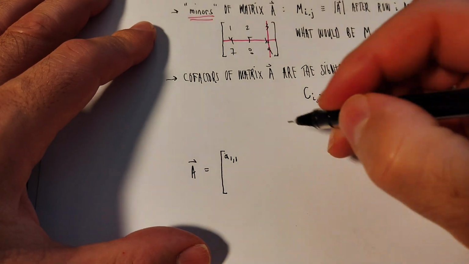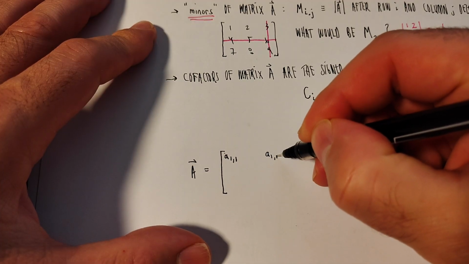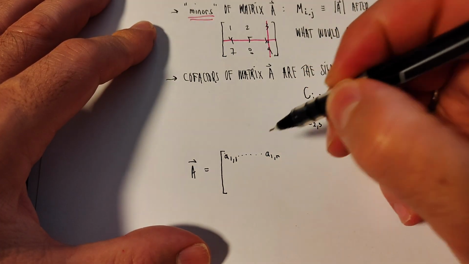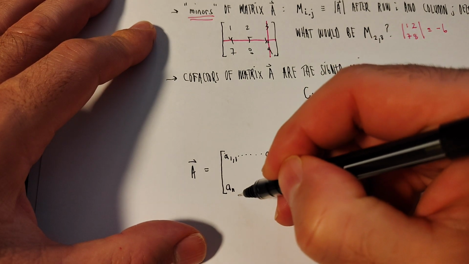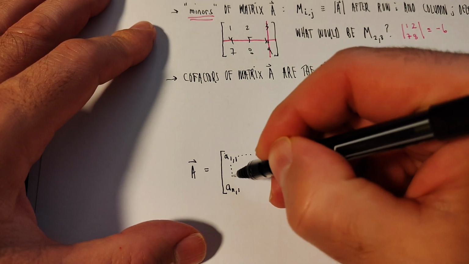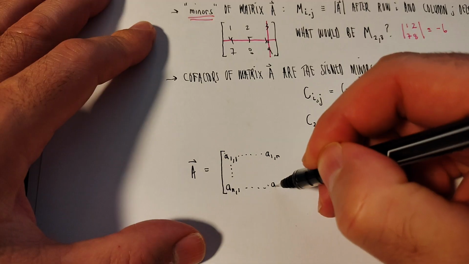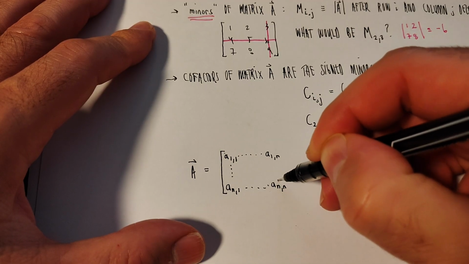So A11, A1n. We don't know how many of these elements there are. We don't know how many rows there are, but we know there's n of them, right? A(n) by n.